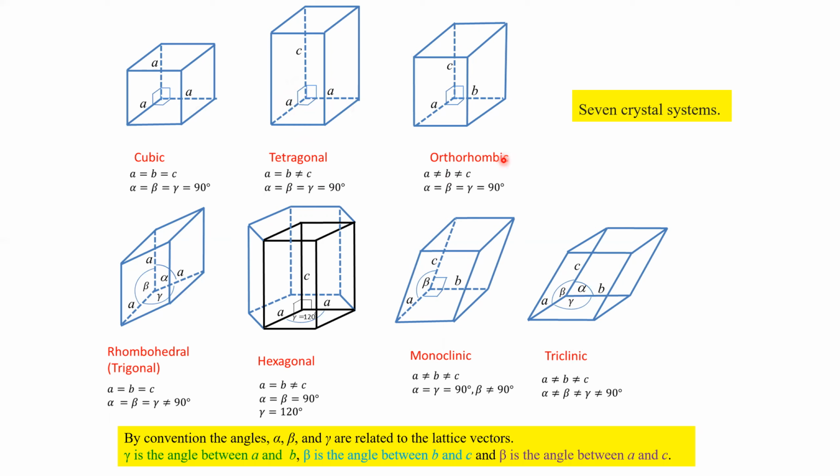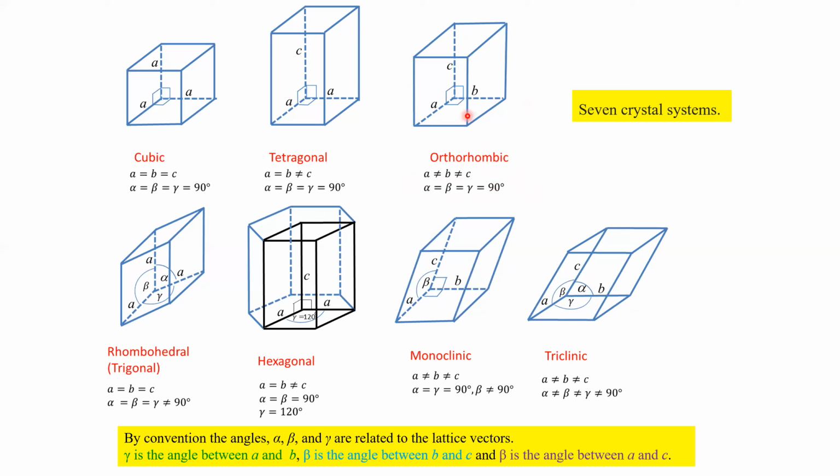Let's move on to orthorhombic. Now you stretch another way, in the horizontal direction, or you could shrink if you want. So A is no longer the same as B, because you're stretching in the horizontal direction, and it's not the same as C. All the angles are still 90 degrees, perpendicular to each other.